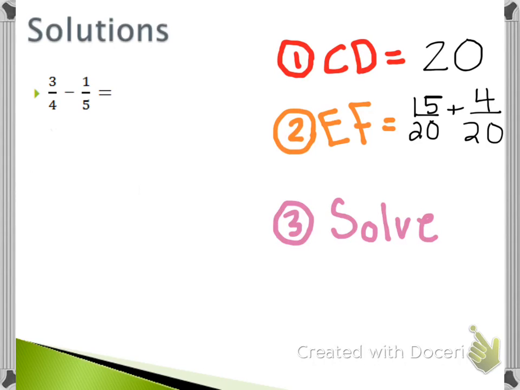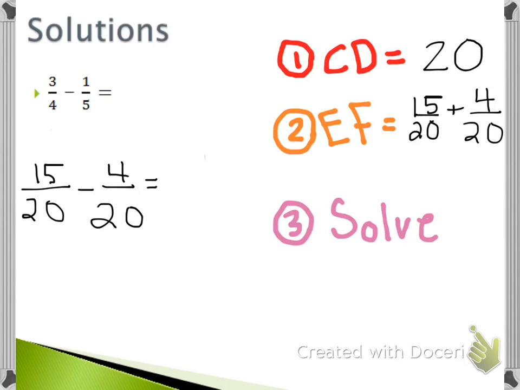And the solving part is the easiest part, of course, because all we need to do is write our equivalent fractions here. And all I need to do is just subtract 4 from the 15, and that's going to give me 11.